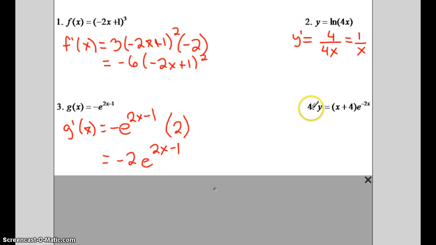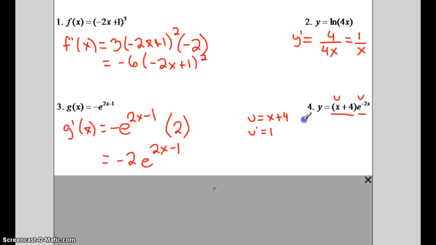Over here in number 4, I know that sometimes we like to go straight into looking at this e, but notice how e is being multiplied by x plus 4. That means that we have a product rule here. So I'm going to have to set up my product. So my u is going to be x plus 4, and derivative of u is 1.